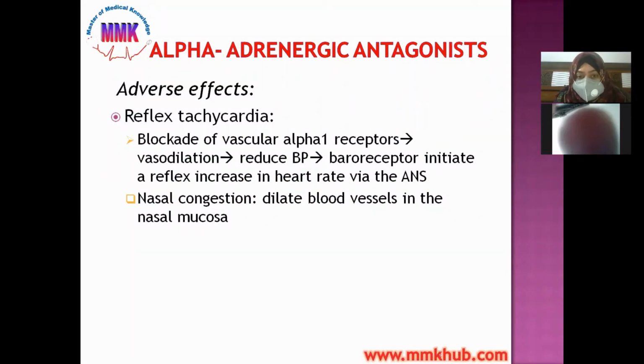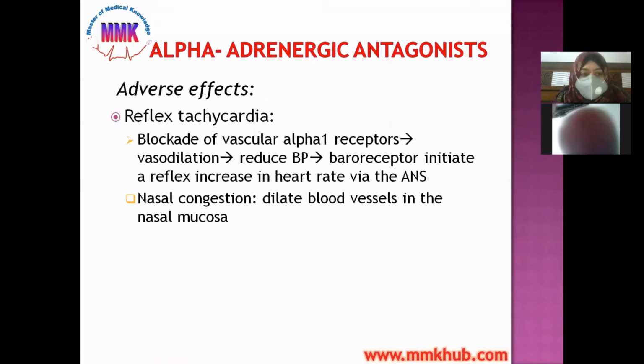But in response to that, baroreceptors, which sense the change in our blood pressure, will be activated, and they will initiate a reflex increase in heart rate via the autonomic nervous system. So whenever the alpha blockers decrease the blood pressure, our baroreceptors will increase the heart rate because they sense the change in blood pressure and try to increase the blood flow to the heart.